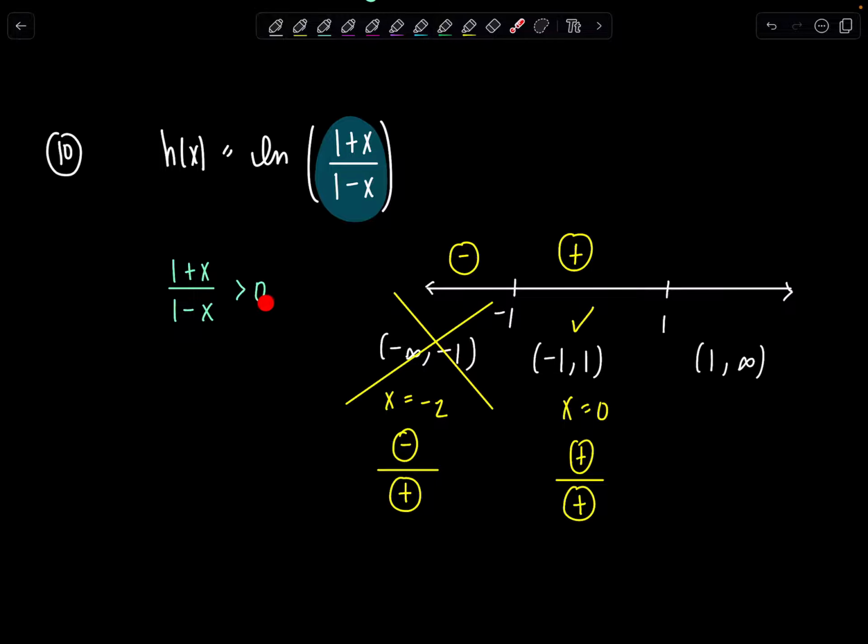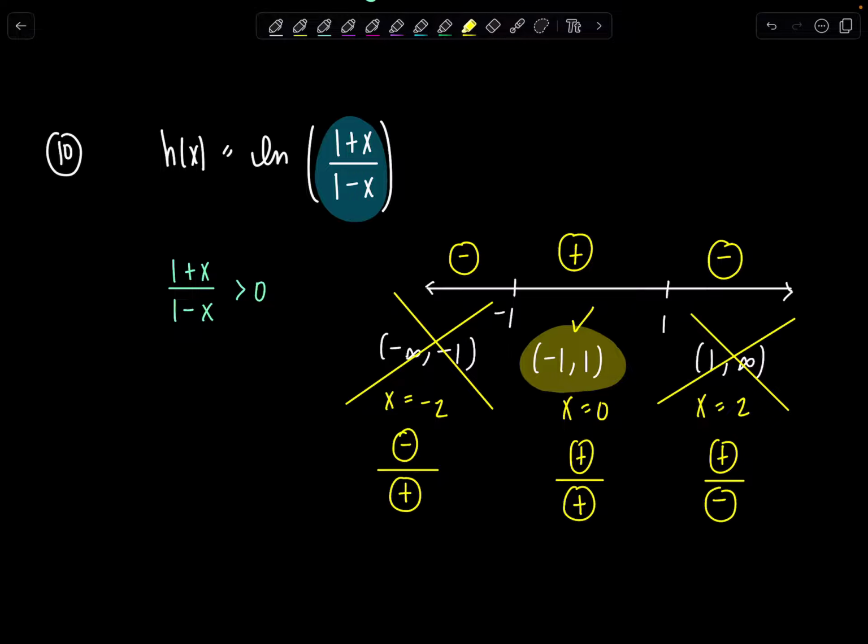Positive numbers are greater than 0. Last interval from 1 to infinity, you could do 7, 49, 2. So numerator is positive, denominator is negative. So everything's negative on this interval. That's not going to be part of the domain. So there we go. Here's my domain from -1 to 1.